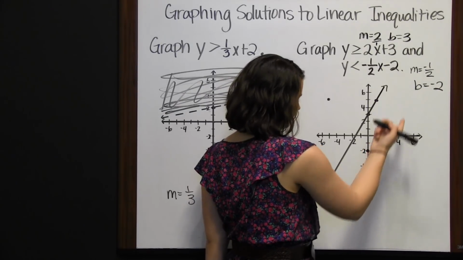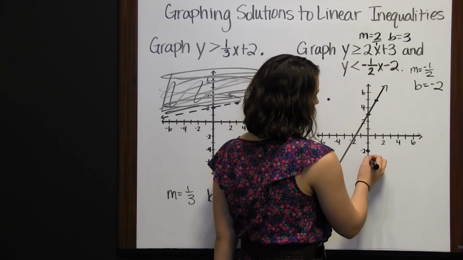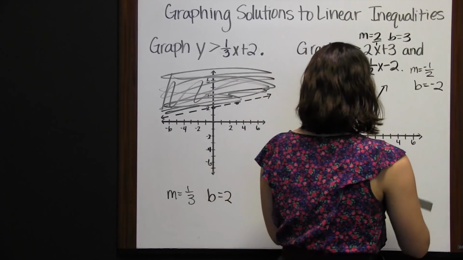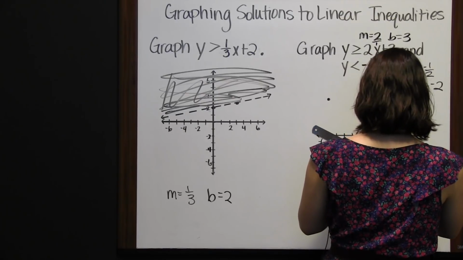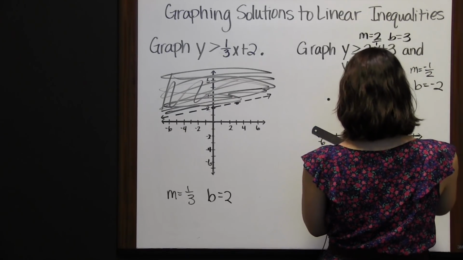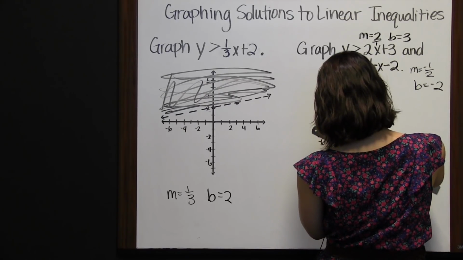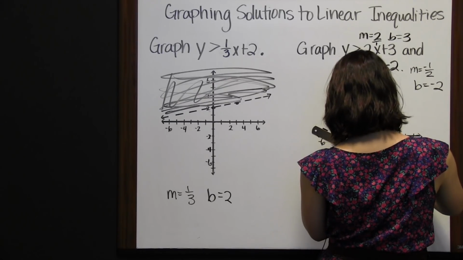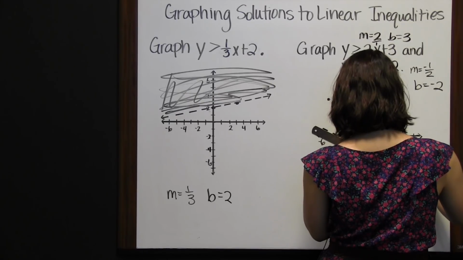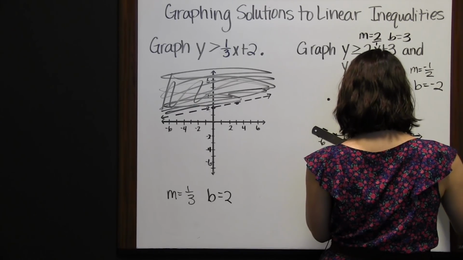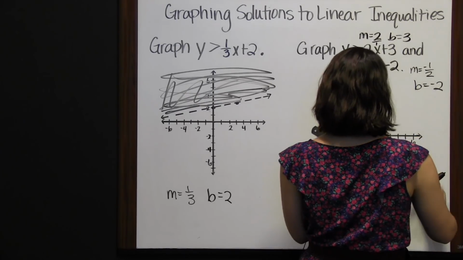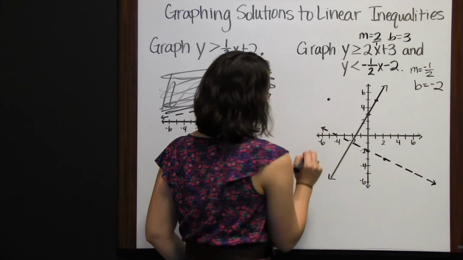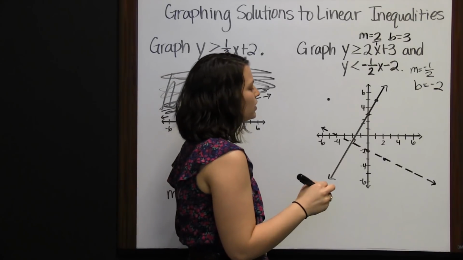Rise 1, or actually we're going down 1 since it's a negative 1, and then over 2. We're going to connect our points with our dashed line and put our arrows on the end to signify that the line goes on.